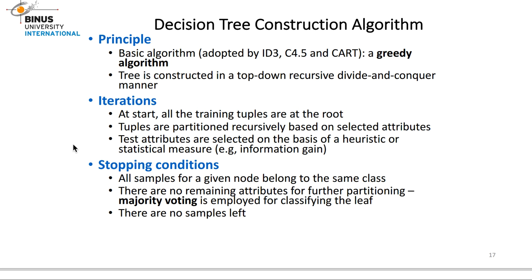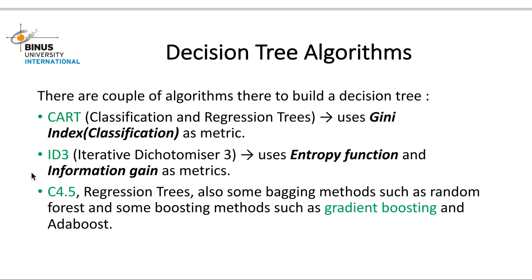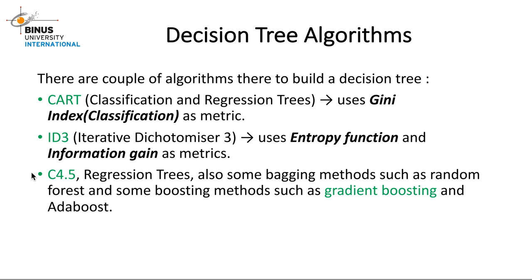In decision tree construction, the most common algorithms are ID3, C4.5, and CART. This tree can be classified as a greedy algorithm. The difference between CART and ID3 is just the metric that you use.